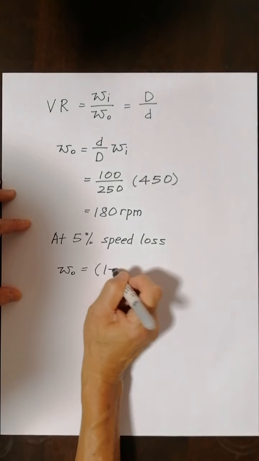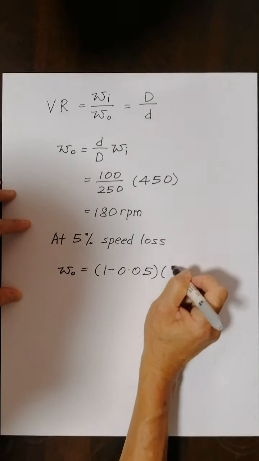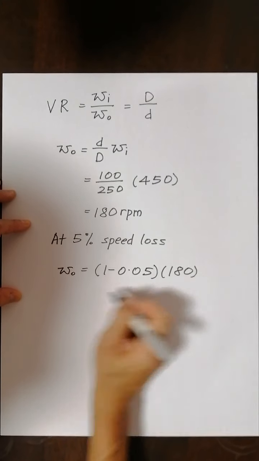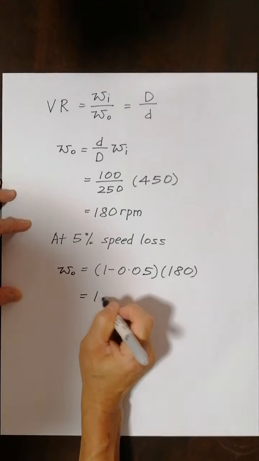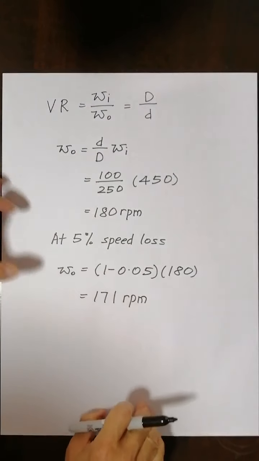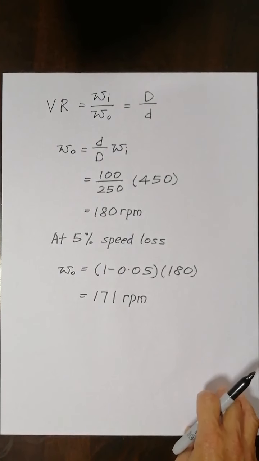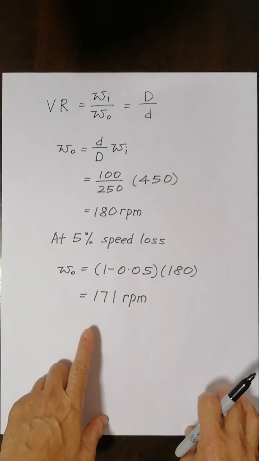You lost 5%, so 1 minus 0.05. That's a loss of 5%. And there I have 0.71 RPM. So that is where, because of the centrifugal force, the belt is being thrown out and you have some speed loss.